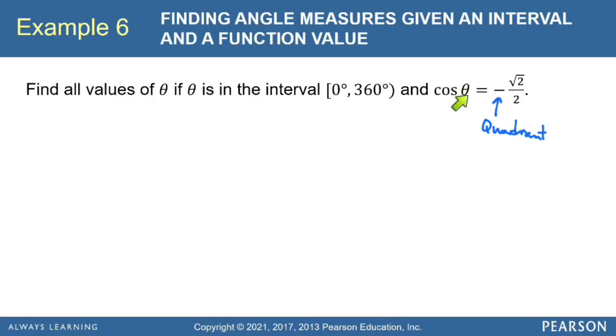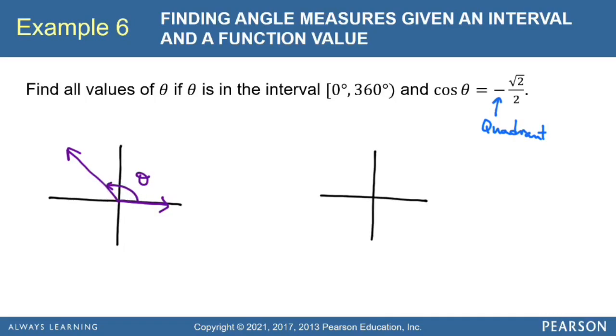Our theta can only be in a quadrant where cosine values are negative. So if you think about ASTC, we know that cosine values are going to be negative in quadrant 2. So that's one of our thetas. And then cosine values can also be negative in quadrant 3. So here is another theta. So I've got one diagram for an angle in quadrant 2, and I've got another diagram for an angle in quadrant 3.